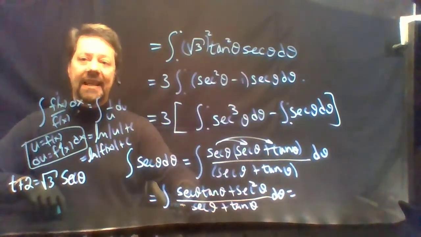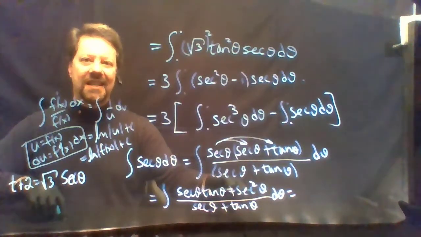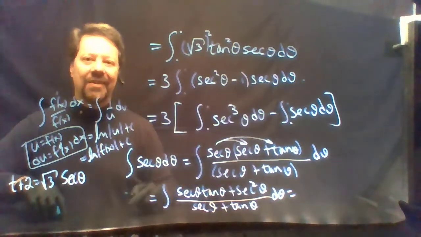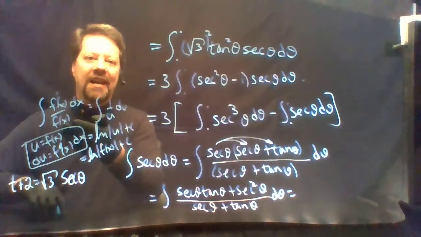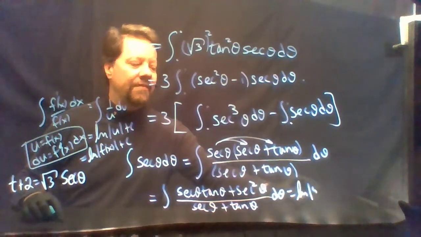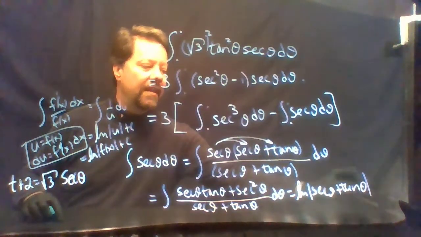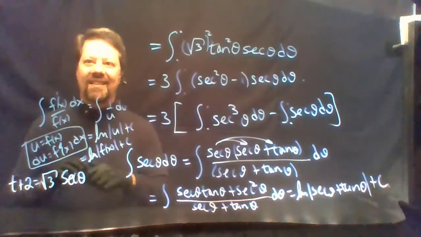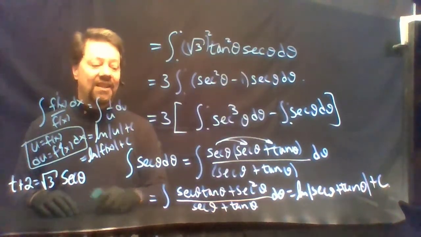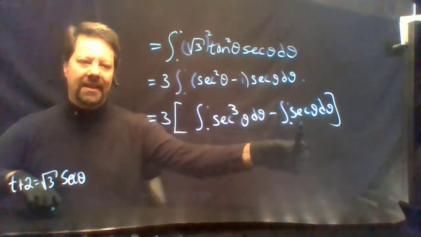The derivative of secant is secant tangent, and the derivative of tangent is secant squared. This integrand is now exactly in the form f prime over f, and that means we get the log of the absolute value of secant theta plus tangent theta plus c. You should memorize this.